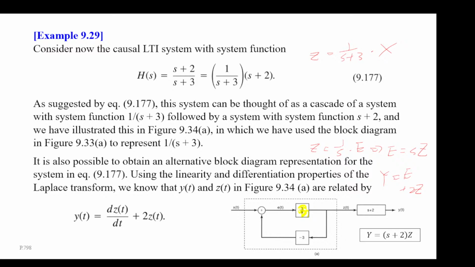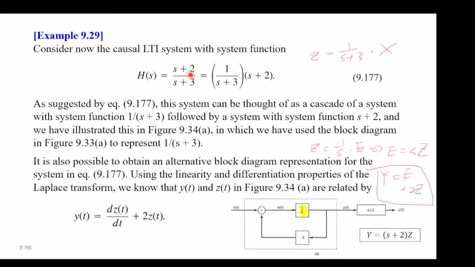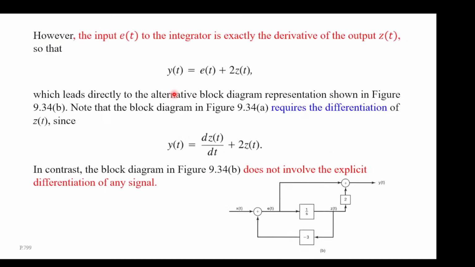We see that Y equals E plus 2Z, so we can have this more complicated interconnection give our system function. This gives Y equal to E plus 2Z, so you multiply by 2 here and add this extra E wire here. This block diagram gives us the system function (s plus 2) over (s plus 3). Any questions? It's quite complicated.